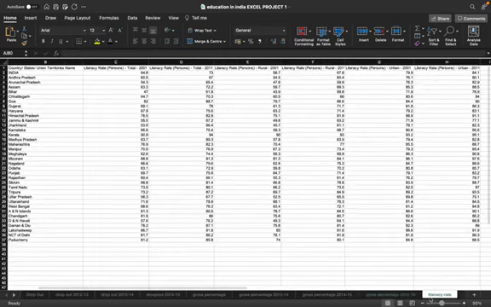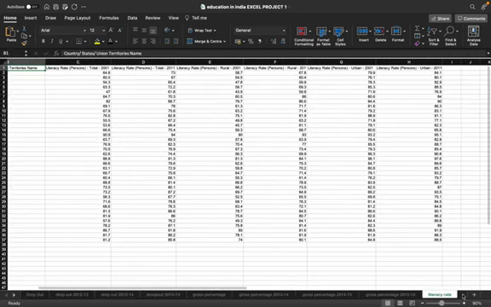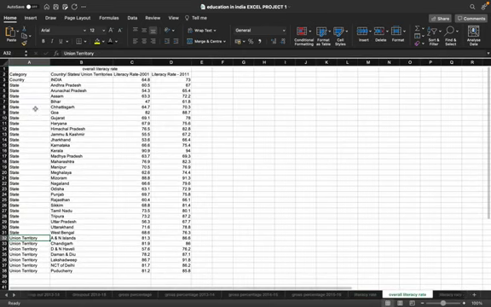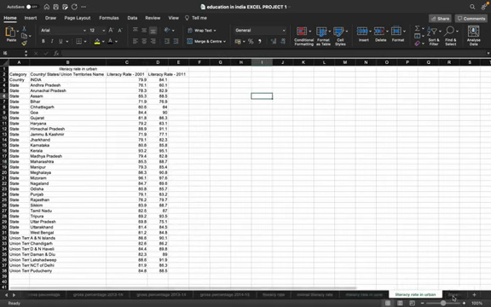Next, we are going to see about the literacy rate in country, states, and union territories. Next, the overall literacy rate in country, states, and union territories. Next, the literacy rate in rural, the literacy rate in urban.